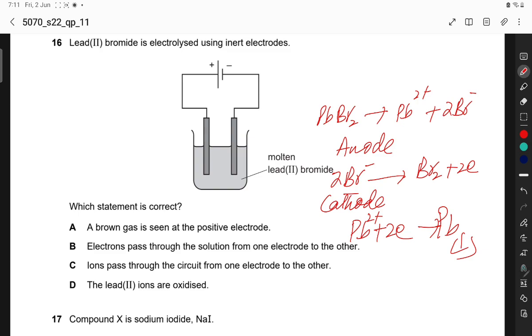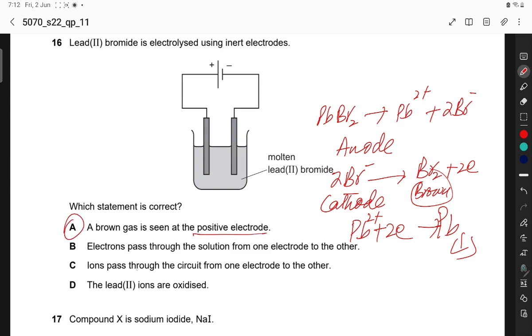So a brown gas is seen at the positive electrode. Yes, this is correct, because bromine is brown, so brown fumes can be seen around the anode, around the positive electrode.